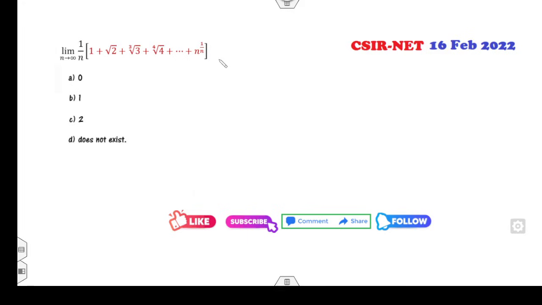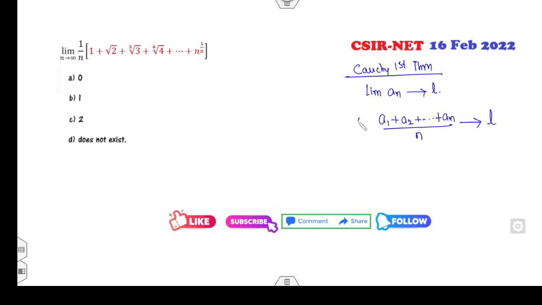Okay, look at this another one. Which thing comes to your mind when you look at the power? Cauchy's first theorem. What is the Cauchy first theorem? If limit of a n goes to L, then a1 plus a2 plus up to an, over n, again goes to L. That is my Cauchy first theorem. And what is the Cauchy second theorem?